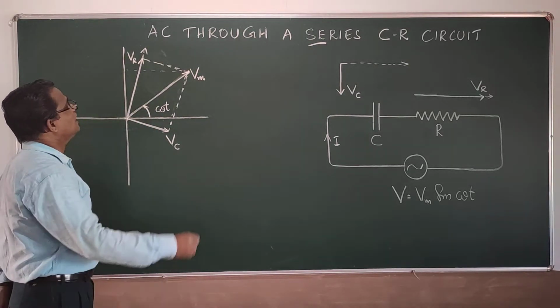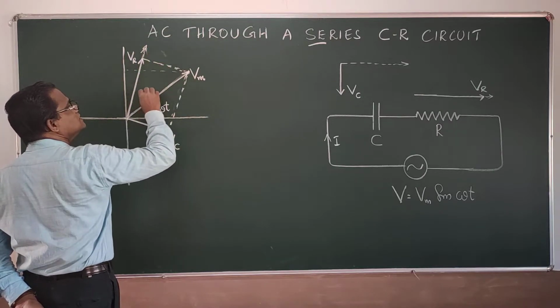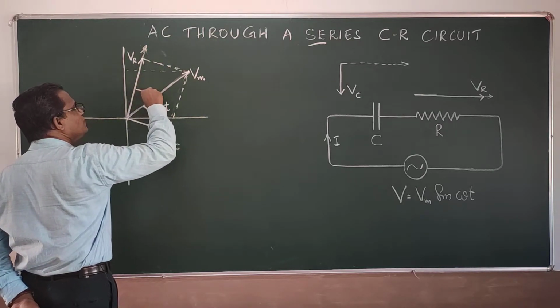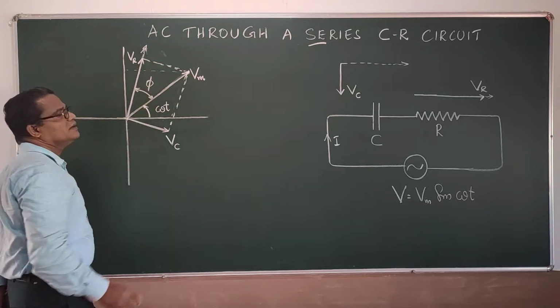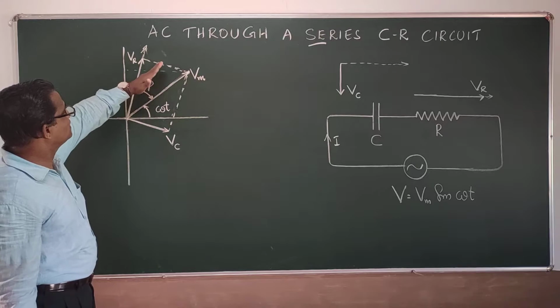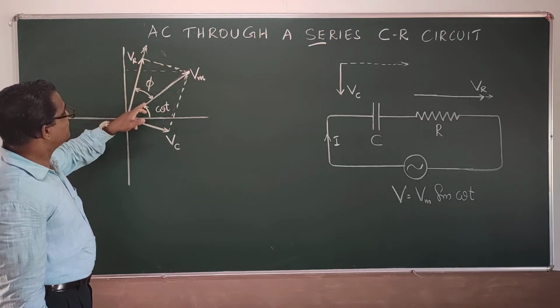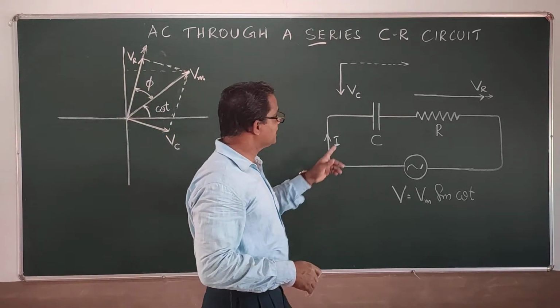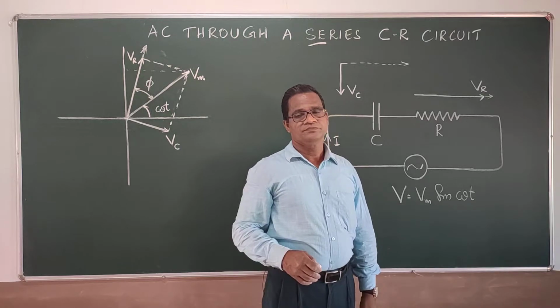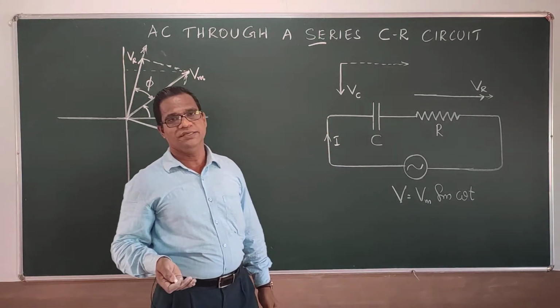And you can see that the Vm and this current Im are at a phase angle of phi, and you can find that the current leads the voltage by a phase angle phi. Why is it leading? Because there is a capacitor. So in the case of a capacitor, the current is leading the voltage.